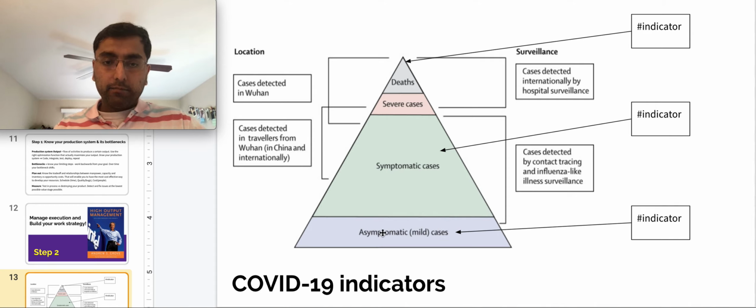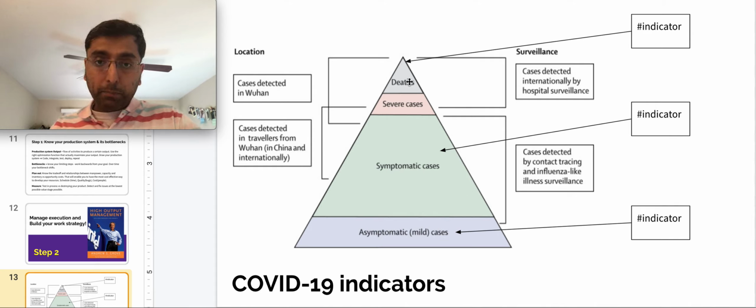At the bottom of the pyramid, there are mild cases, so asymptomatic, and then there are symptomatic cases that eventually lead to severe cases, and some folks recover and some folks die, right? So the very first step is to know that this system exists in this pyramid.